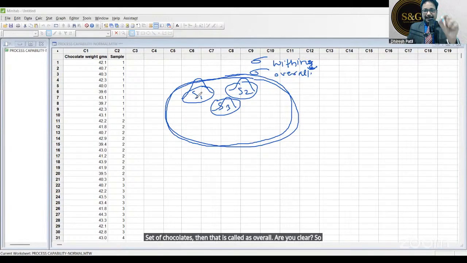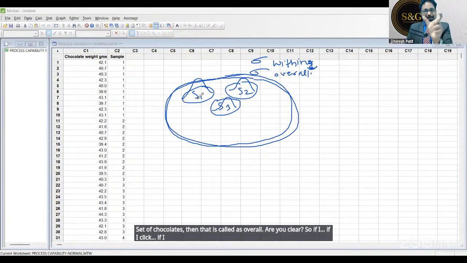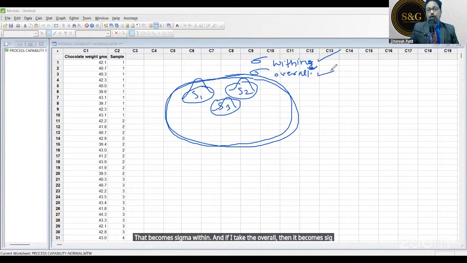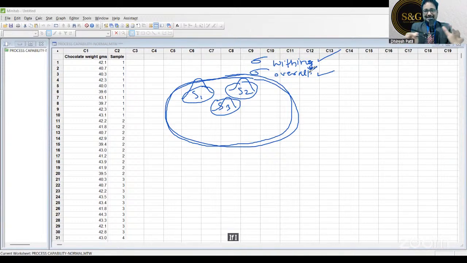If I take sample number 1, calculate the standard deviation, then sample number 2, calculate its standard deviation, and take the average of these, that becomes sigma within. If I mix all the chocolates and take the overall standard deviation, that becomes sigma overall.